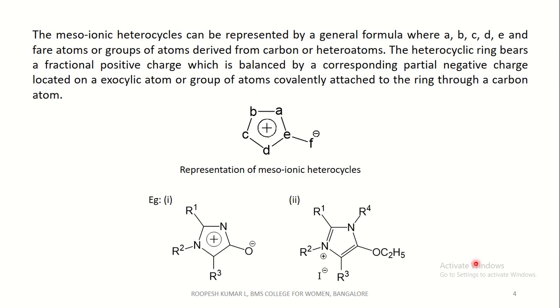The mesoionic heterocycles can be represented by a general formula where A, B, C, D, E and F are atoms or groups of atoms derived from carbon or heteroatoms. The heterocyclic ring bears a fractional positive charge, which is balanced by a corresponding partial negative charge located on an exocyclic atom or group of atoms covalently attached to the ring through a carbon atom.